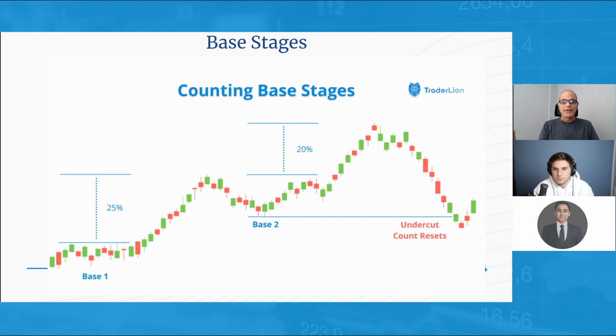But once we start getting into stage 3 or 4, that's the time we start to become aware that we're getting up near that area where things don't start to work as smoothly. And we want to be aware not only of what's going on with that stock, but all of the stocks in its same industry group along with it. Again, back to that sector and industry group thing, that's always going to be very important.